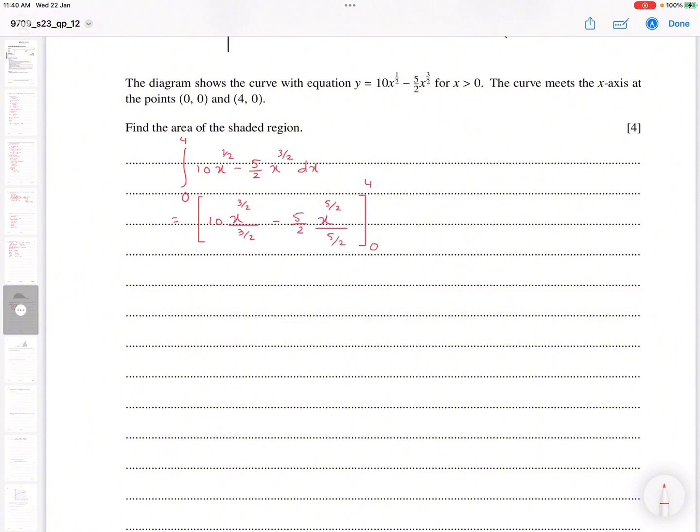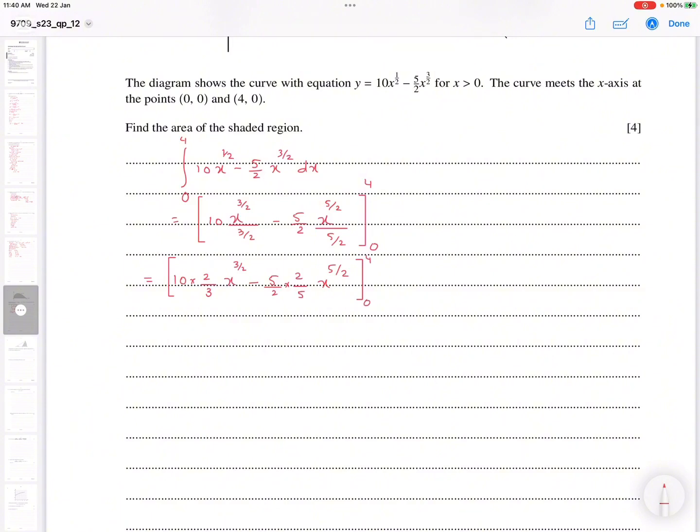Let us first simplify inside the bracket. So 10 times 3 over 2 in the denominator will become 2 by 3, x power 3 by 2, minus 5 by 2 times the denominator 5 by 2 will become 2 by 5, x power 5 by 2, from 0 to 4.